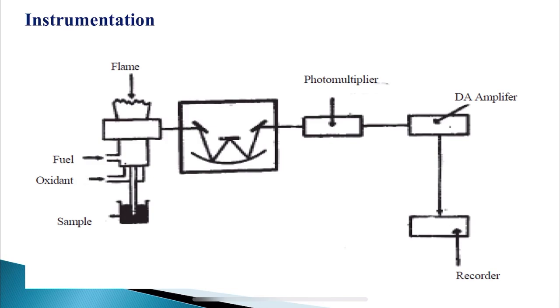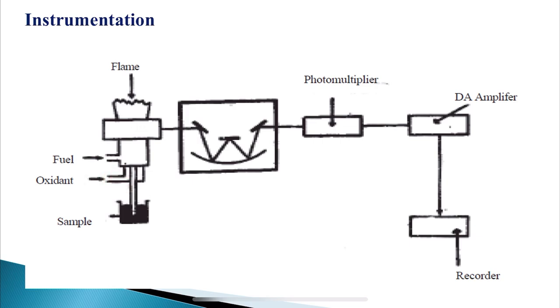And the next component in this instrumentation is a nebulizer or a burner assembly. So, this is a burner, and here the nebulizer also will be there. What is meant by a nebulizer? A nebulizer is a device which is present inside the flame photometer.